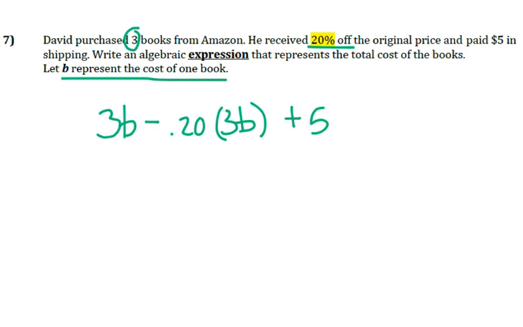I mean, this could work as our expression, or we could simplify it by saying, let's see, we have 3 B's, and we have 20% off. So instead of taking off 20%, we're actually paying for 80%. We could write it as 0.8, or 8 tenths, times 3B plus 5.